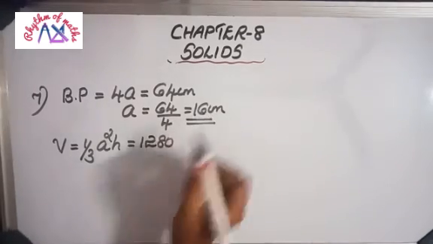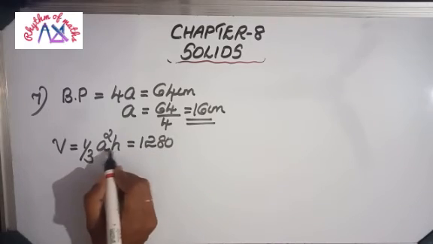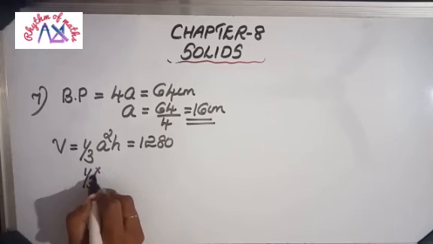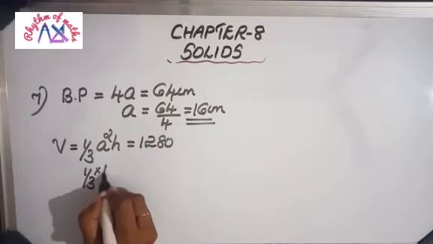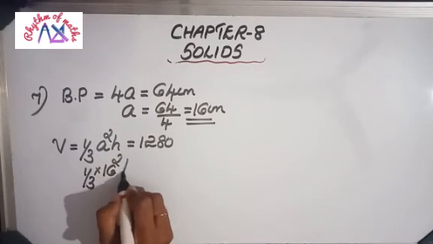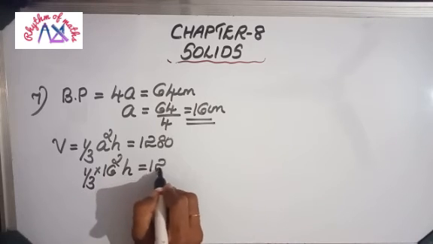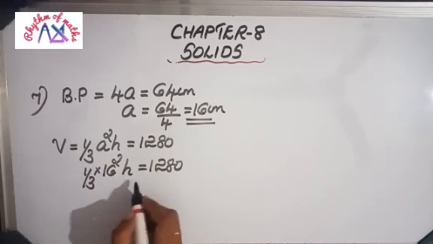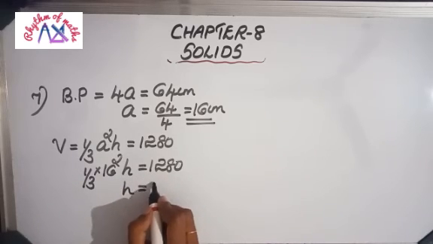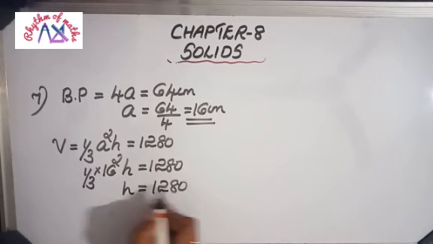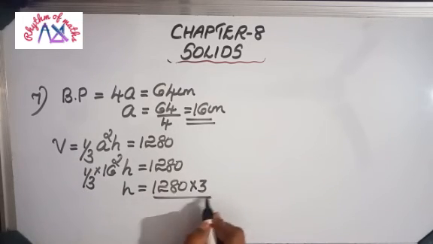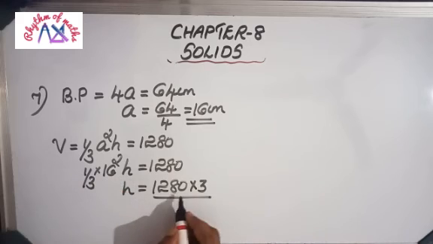Now we have a, let's apply that a here and we can find h. Okay, so 1 by 3 into a square. A is 16 here. So 16 square h equal to 1280. Okay. Now this h equal to 1280 by 3, come to this side in the numerator, divided by 16 square. 16 square is 256.